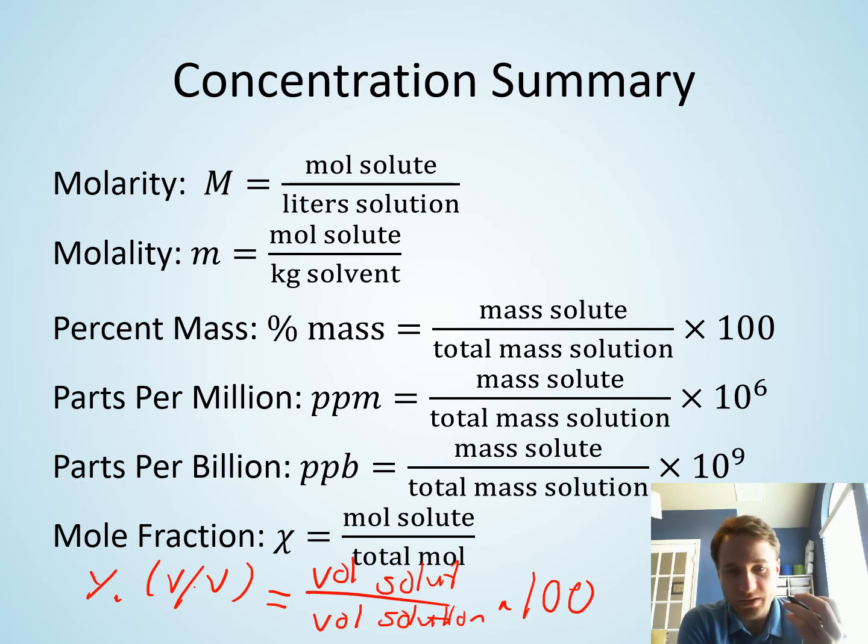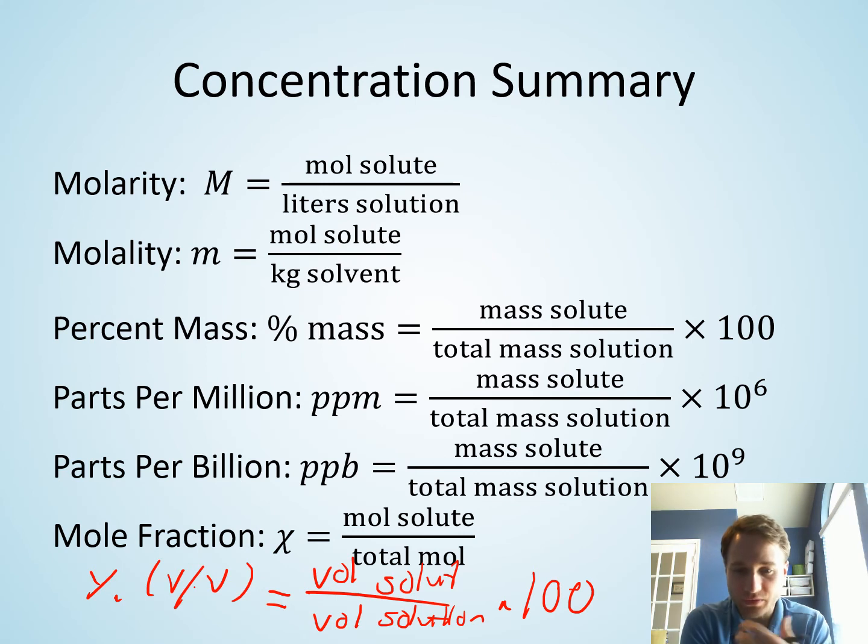You're expected to know how to calculate each one of these different types of concentration units. These would not be given to you in any quiz or exam, so you are expected to remember them. They're all fairly similar and fairly straightforward.